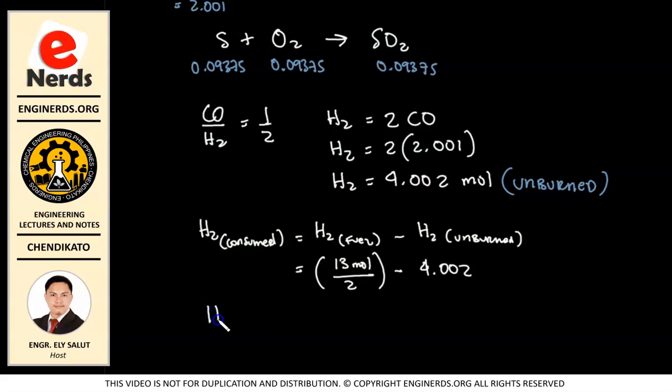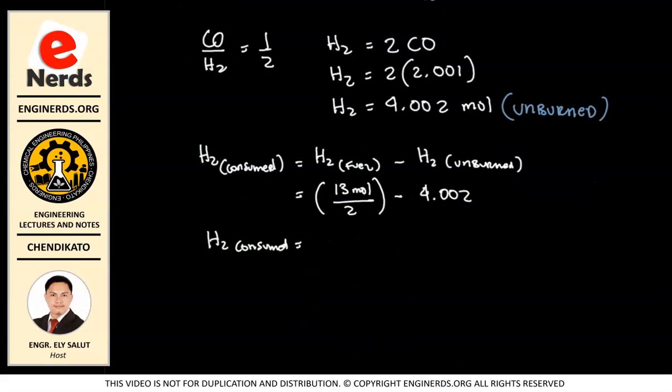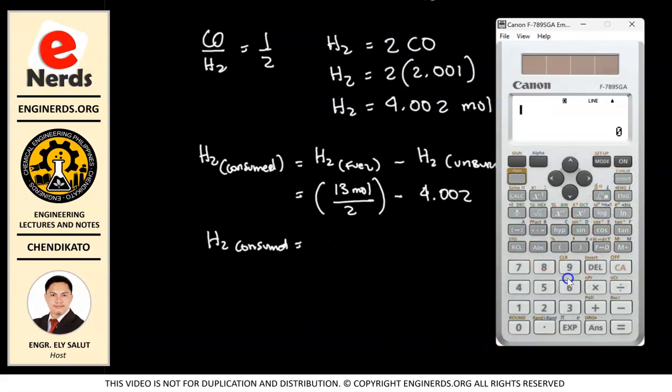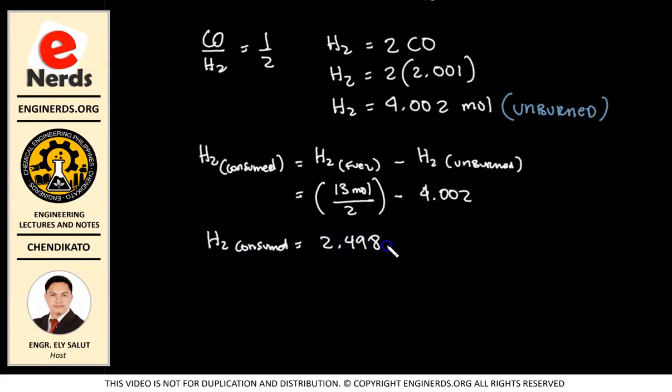So our H2 consumed is, let's use our calculator, 13 divided by 2 minus 4.002, so we have 2.498 of hydrogen which is consumed.